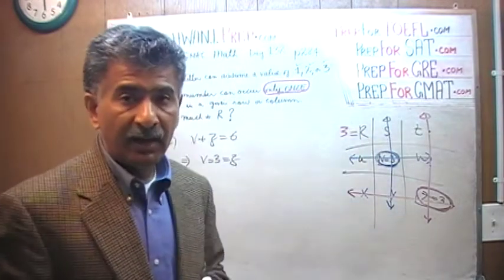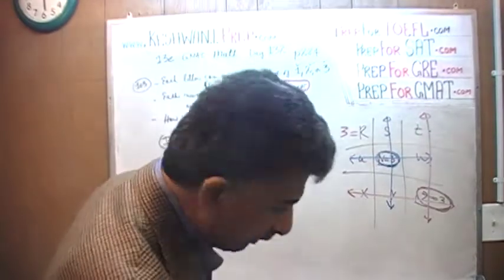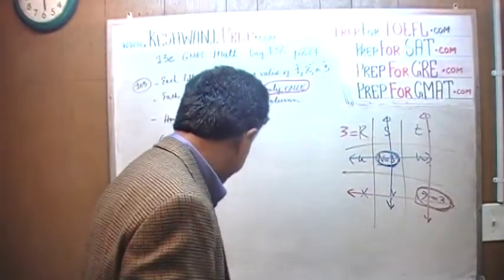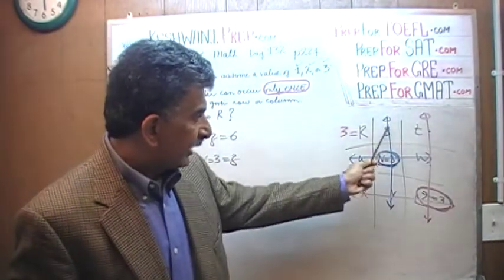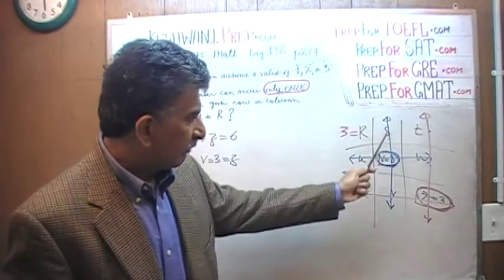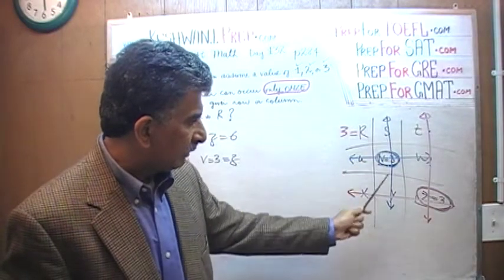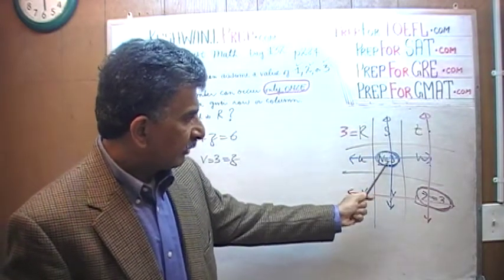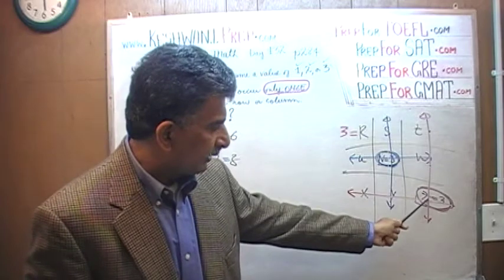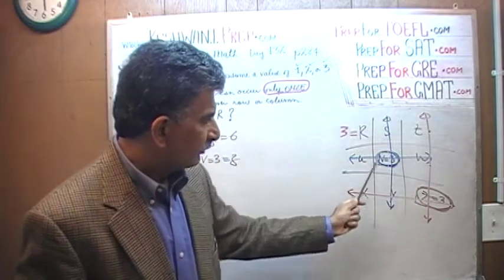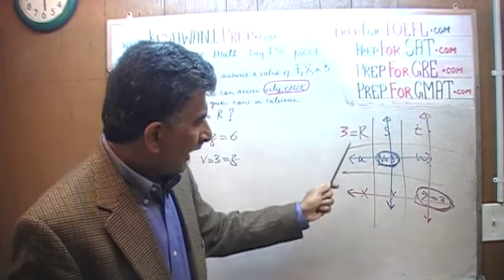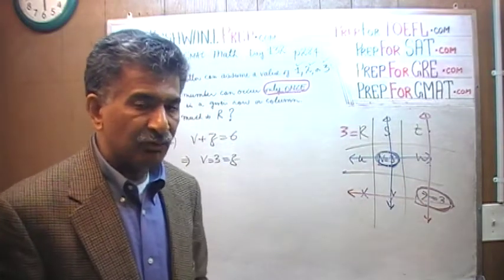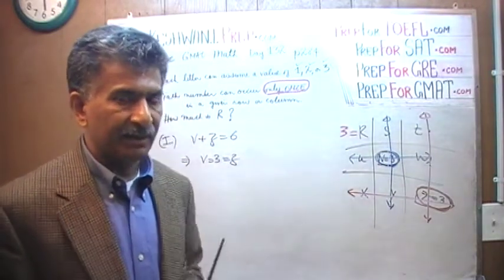Why does R have to be 3? Just because 3 cannot appear again in the second column because it already appeared here, and just because 3 cannot appear in the third column because Z is equal to 3, and 3 cannot appear anywhere else here. Why is it true that R must be 3 then?